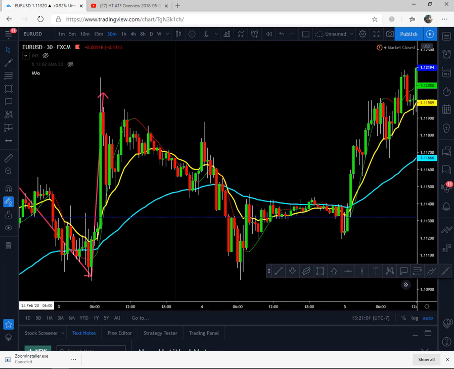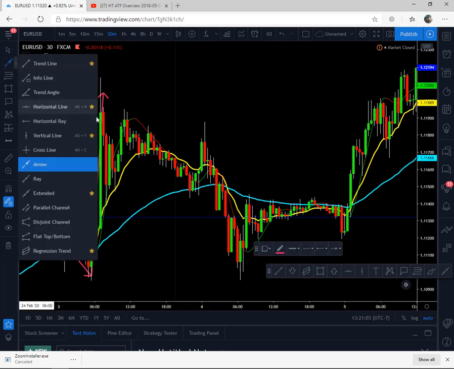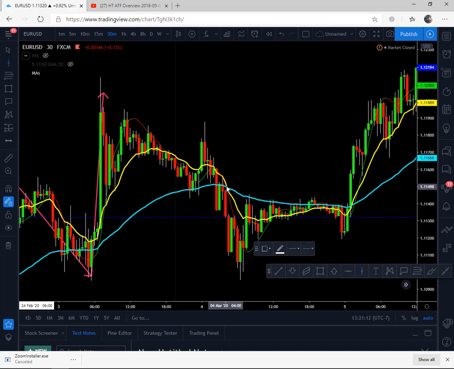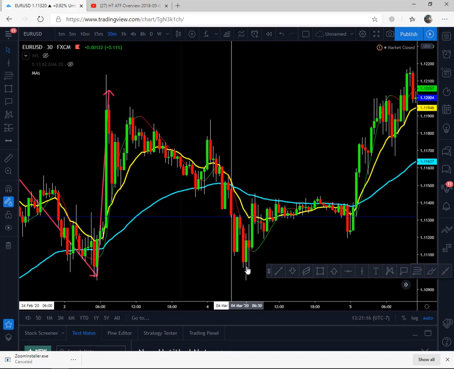So here was a new cross of the 13 62, and price headed down.